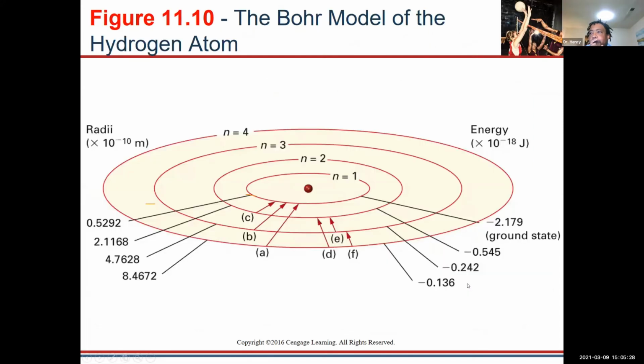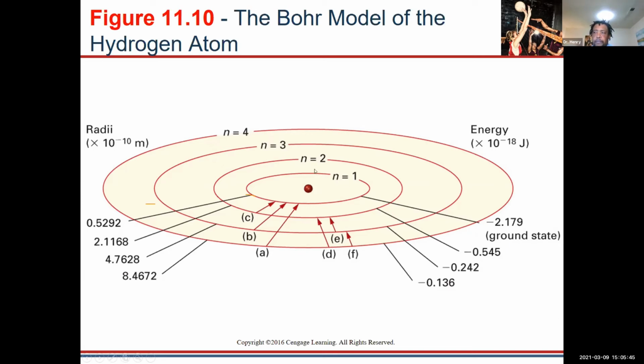Okay. So here, this represents the nucleus. This represents that first energy step, that first ground step. So for the hydrogen atom, this is your ground state, your N equals 1.